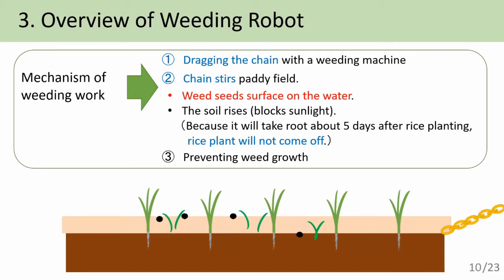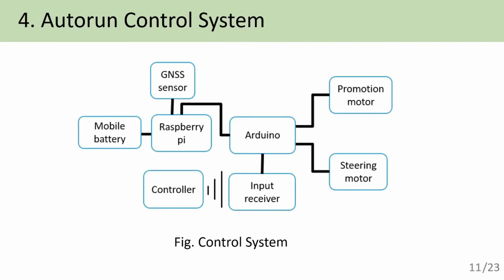The rice plant will not come off. Third, preventing weed growth. Next, about the autorun control system. A Raspberry Pi is used as the main computer, and based on the data from the GNSS sensor, an Arduino is used to drive the motors.